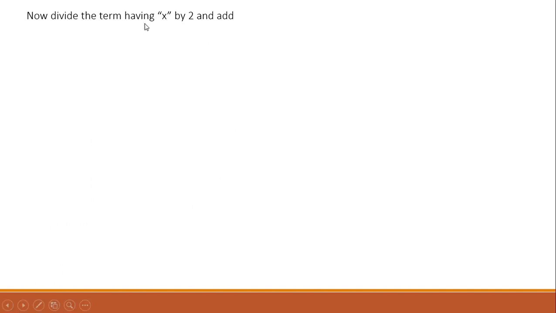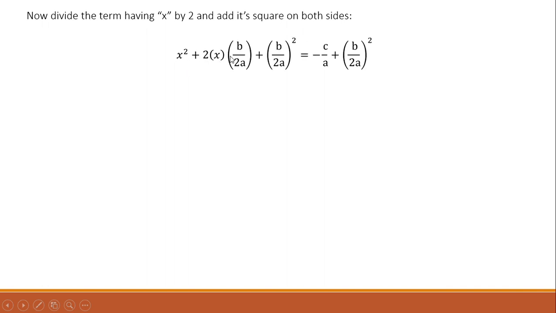Now divide the term having x by 2 and add its square on both sides. So we will get x square plus 2x into b over 2a plus b over 2a whole square is equal to minus c over a plus b over 2a whole square.